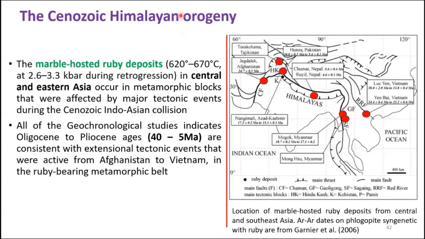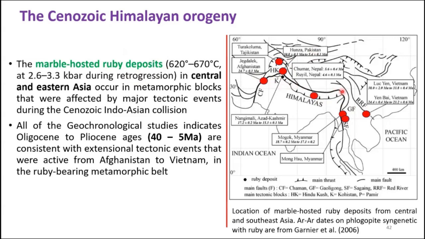In addition to that, in Asia, especially in this part associated with the Himalayan mountain belt, there are some ruby-rich metamorphic gem deposits recorded, especially in countries like Afghanistan, Tajikistan, Pakistan, Nepal, and after that Vietnam, Myanmar, likewise.